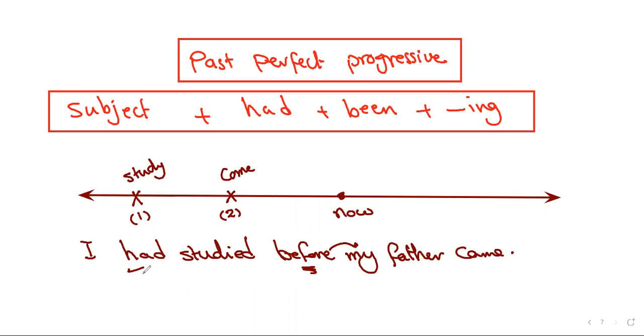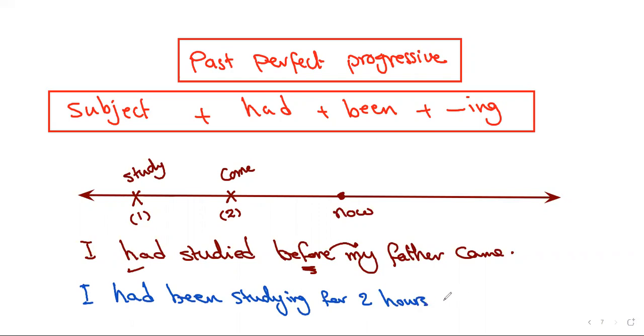Okay, so this is past perfect simple. So what about the past perfect progressive? Look at this example. When I say I had been studying for 2 hours before my father came.